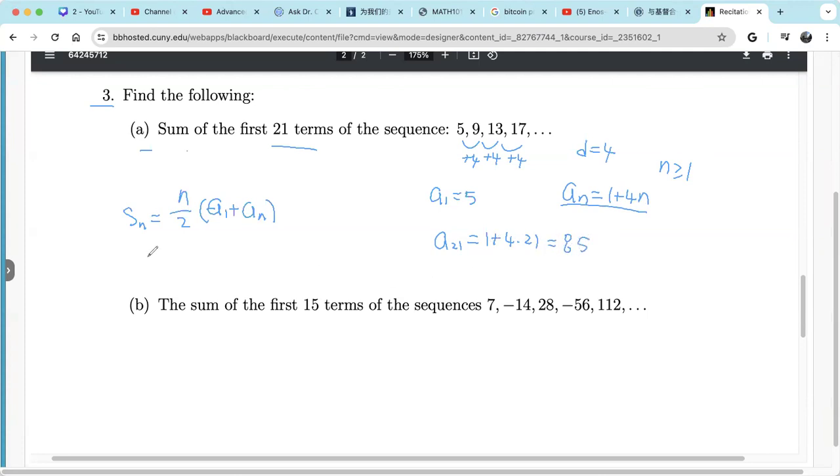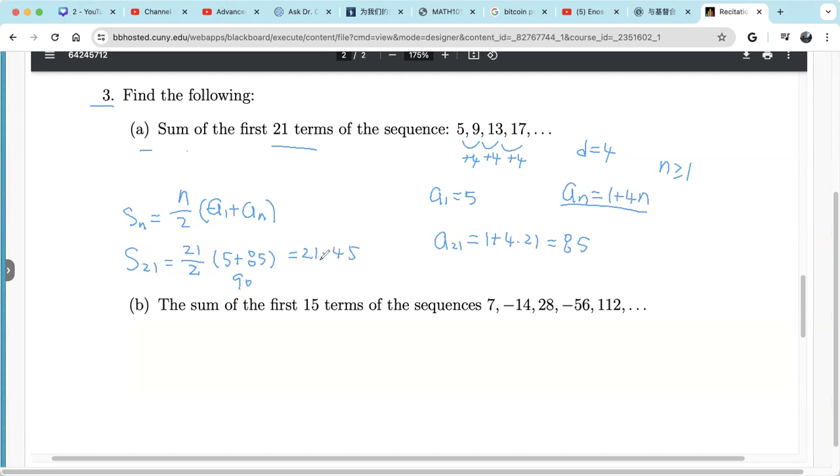Okay, now we can plug into this. So S21 equals 21 divided by 2 times a1, which is 5, plus a21, which is 85. Well, 5 plus 85 is 90. 90 divided by 2 is 45, right?